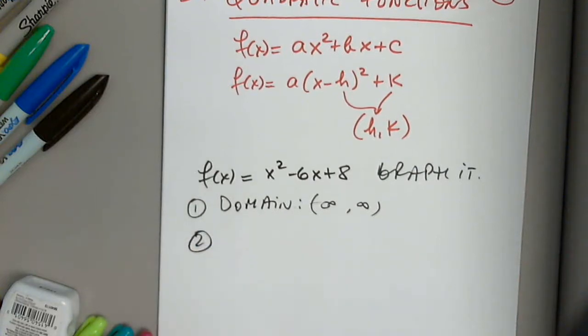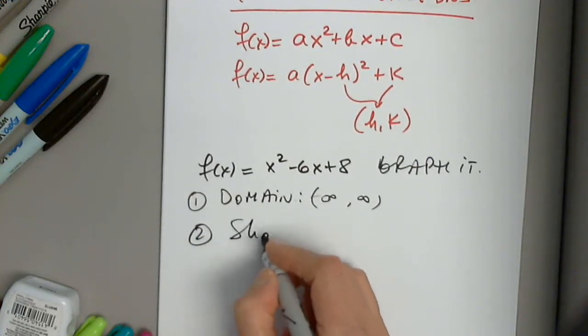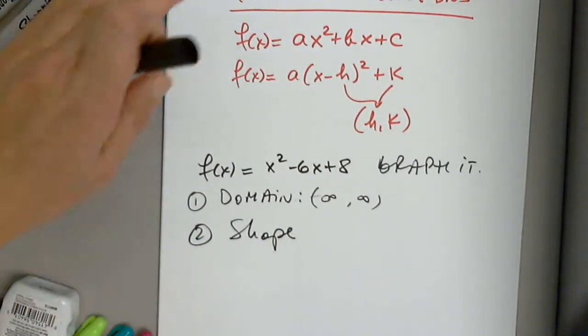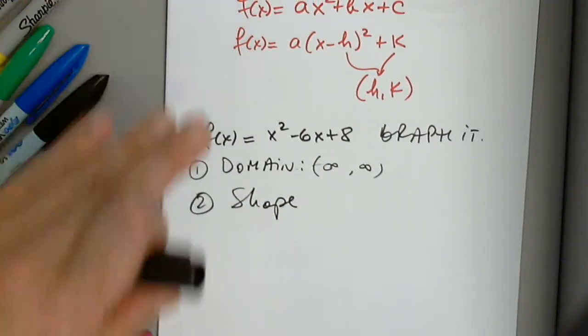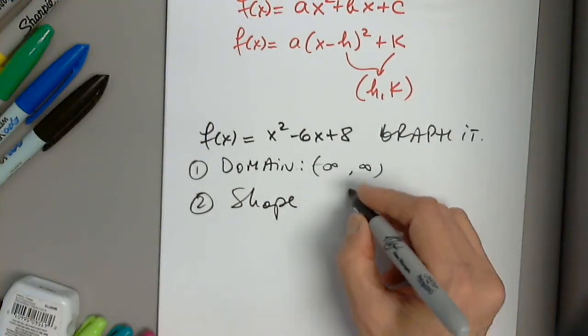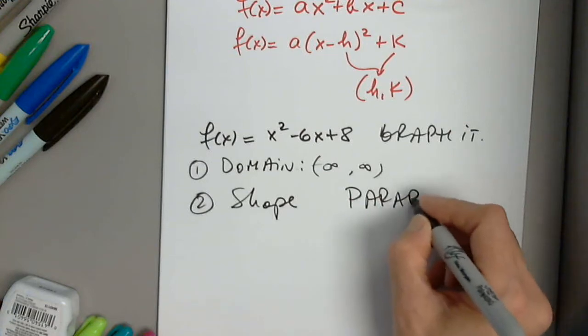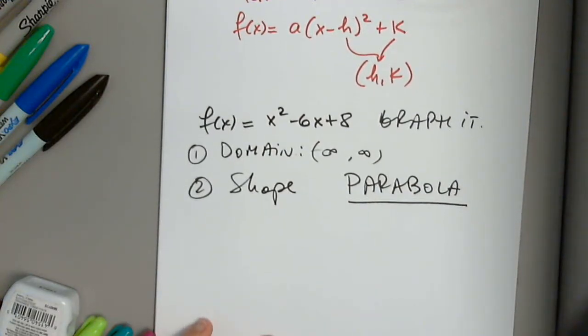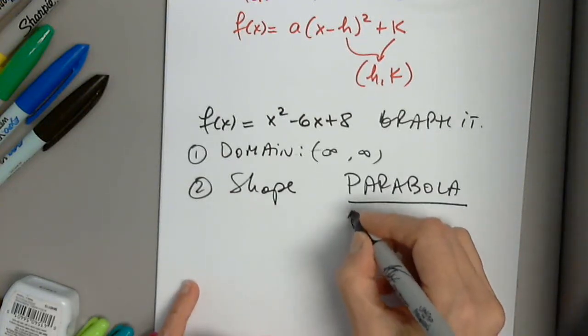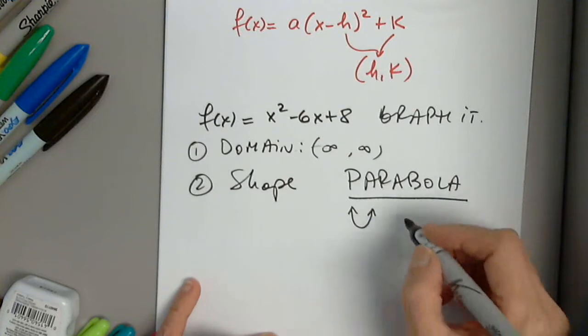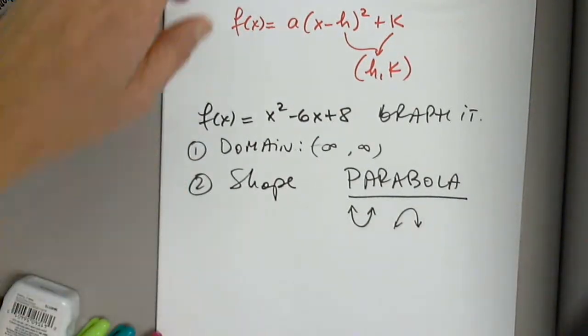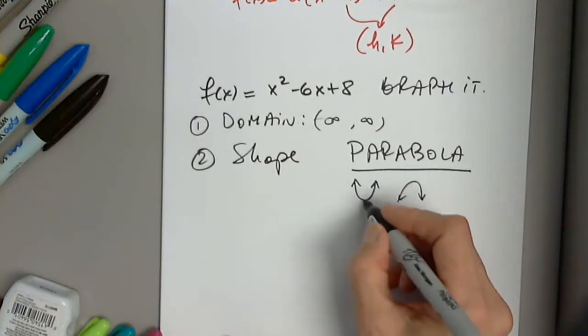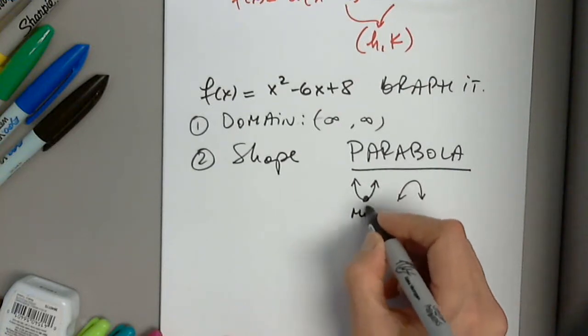Number 2, shape. And you can say shape? Yes. A parabola, this is called a parabola. The graph of a quadratic function is called parabola. Can open upward or downward, upwards or downwards. This has a minimum.